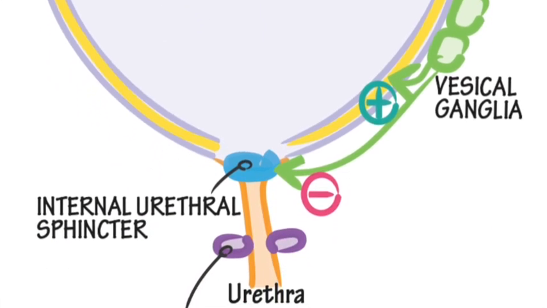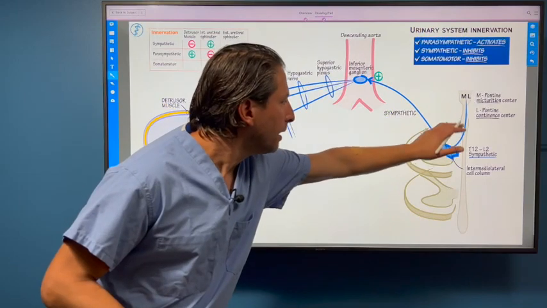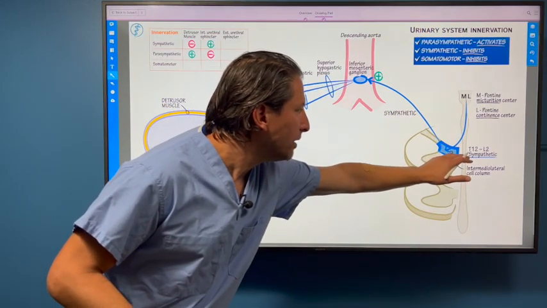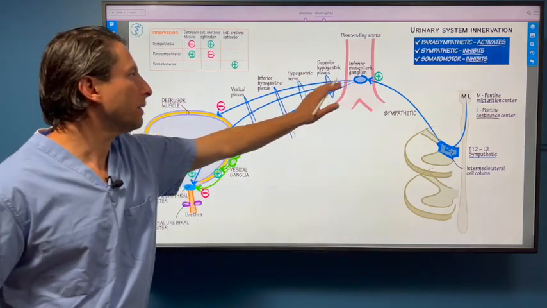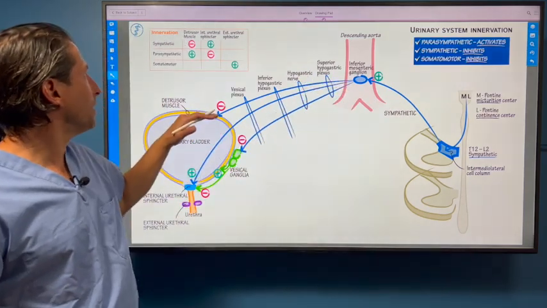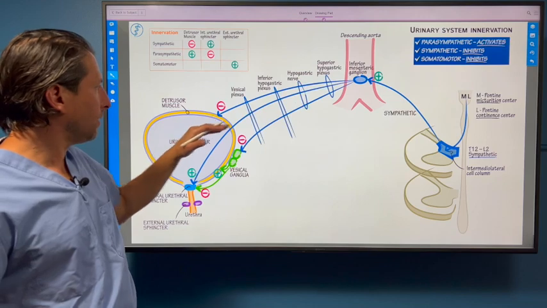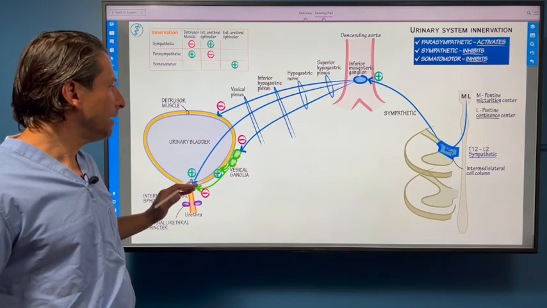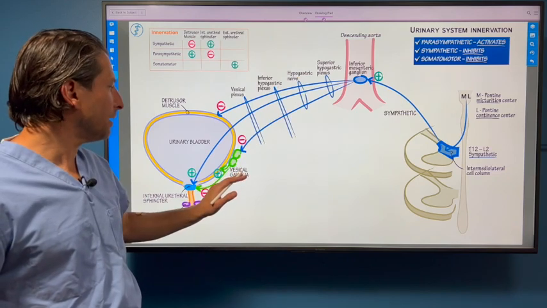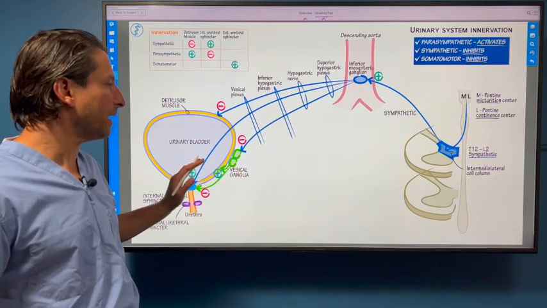So, sympathetic innervation, coming down, activating T12 to L2, and look at what it does. So it causes inhibition of the detrusor muscle, and it causes activation of the internal urethral sphincter. It also inhibits the vesical ganglia to produce the same effects.